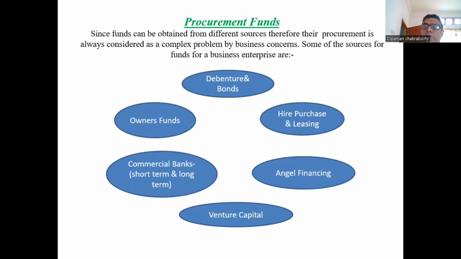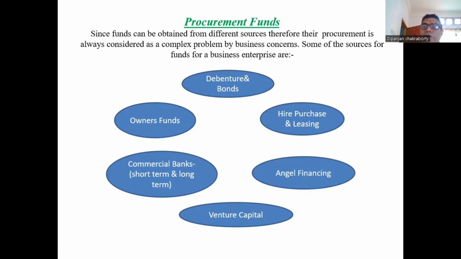There are lots of angel financiers in the markets. They are in the form of entrepreneurs, friends and relatives, etc. These angel financiers invest their own funds in a newly started business. They give loans to this new startup and newly growing business from their own funds.